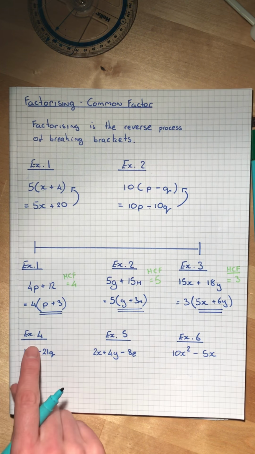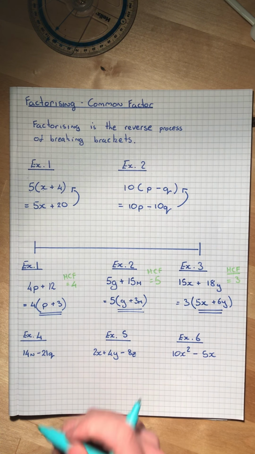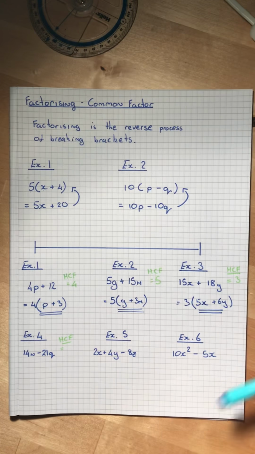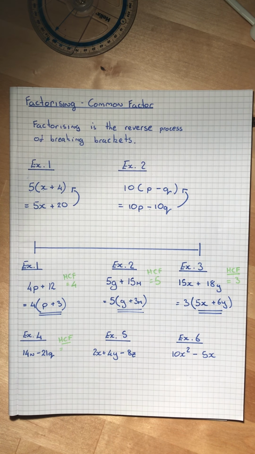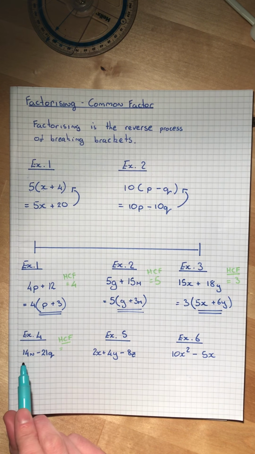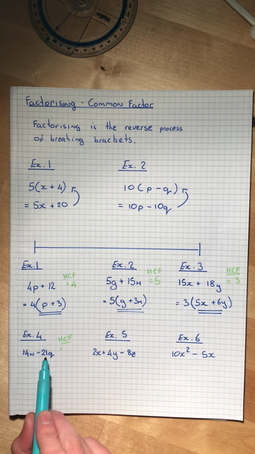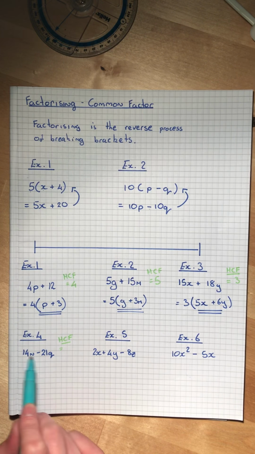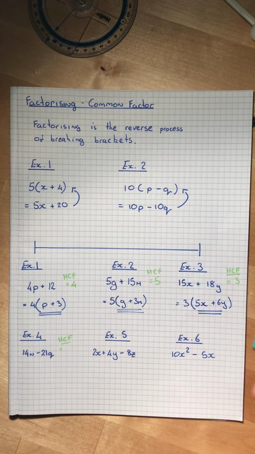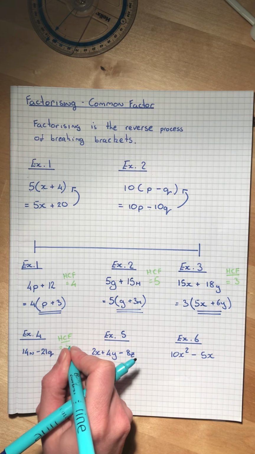Now, on to the next one. Again, it's a pretty challenging one because of the numbers and also because of this negative, but we can still do it. What's the highest common factor of 14 and 21? We think, what times table are they both in? They're both in the 7 times table. So we can see that the highest common factor is going to be 7.